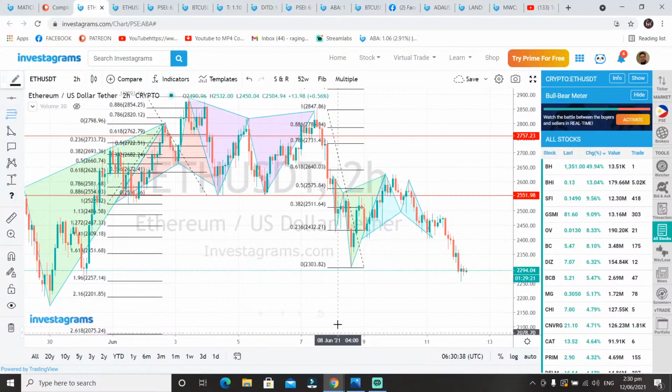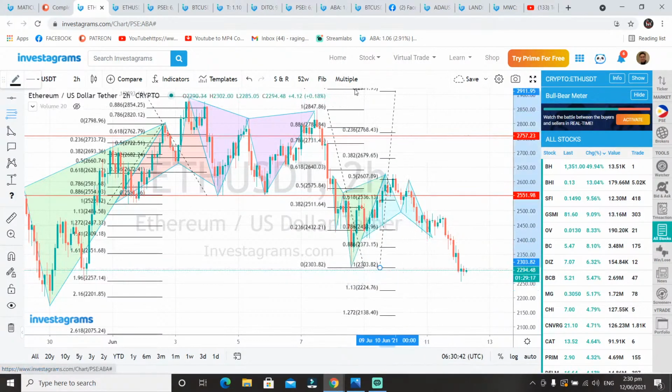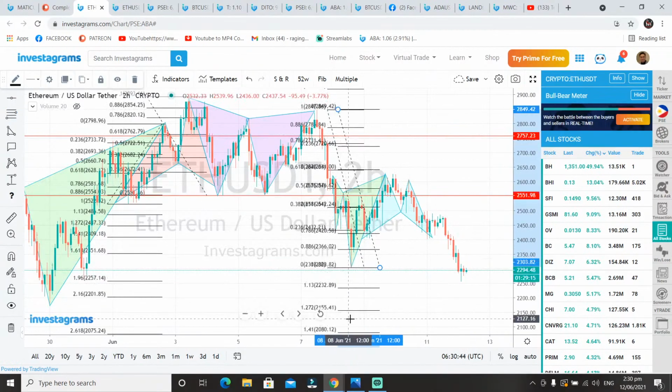So price could go as low as what? This one, or at least 113, right? If we're going to use our shark pattern, at least 113. Okay, so let's try to use a shark pattern for this one.